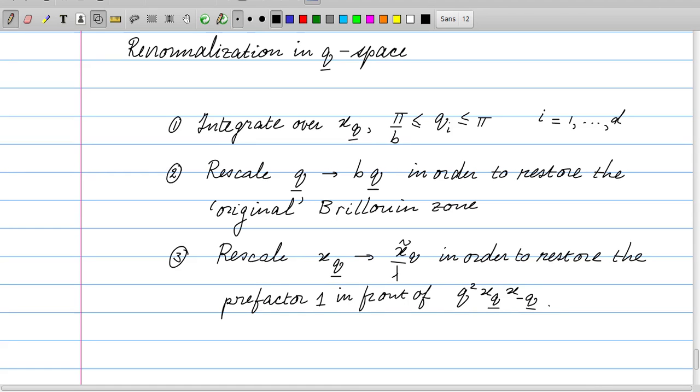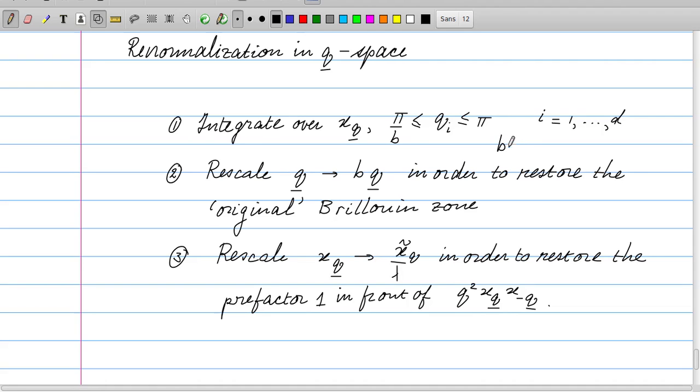The first step consists of integrating out all the fast degrees of freedom. What are the fast degrees of freedom? Those are the ones that vary with a short wavelength. It means that they vary with a large q. So we want to integrate out all the x's with a large q. Now the maximum value of q is pi. And therefore we now take a segment of the Brillouin zone between pi over b to pi.